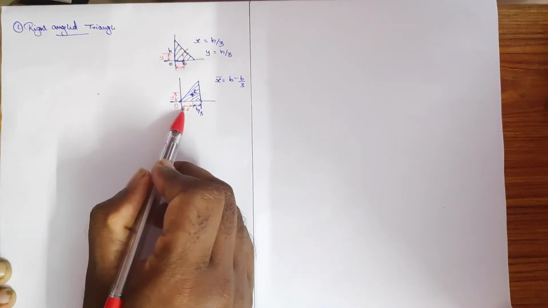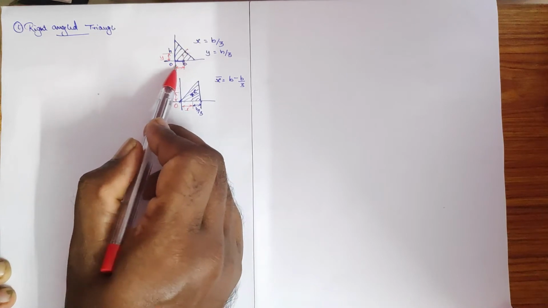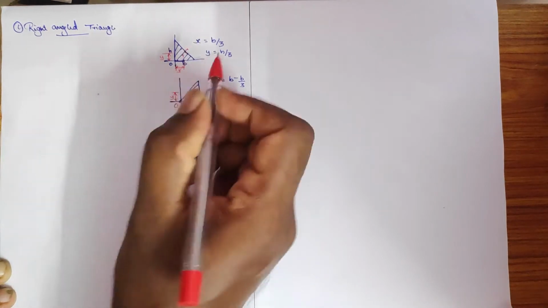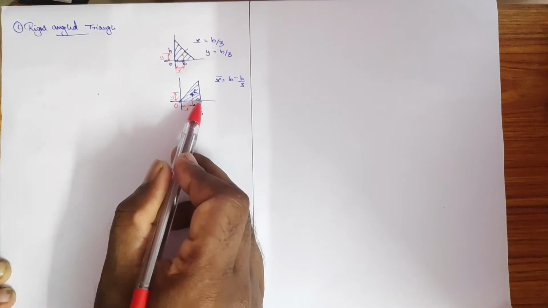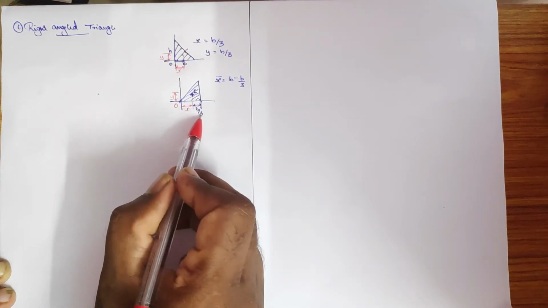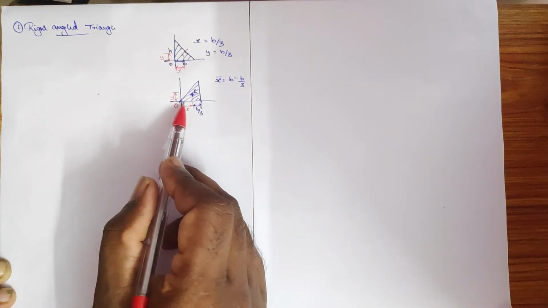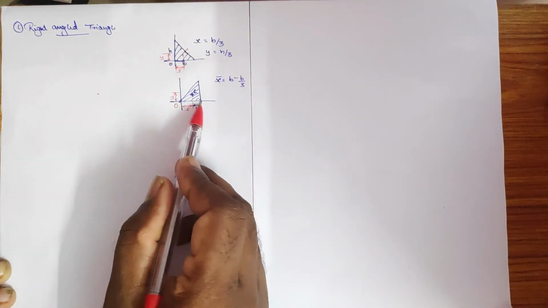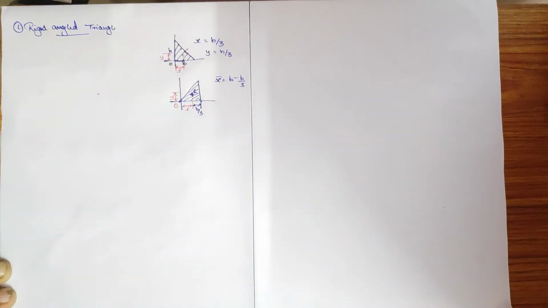is this much distance. In the basic position we know, from this end the x is b by 3. So as far as this position is concerned, this is the exact measurement b by 3. So the total length is considered as b, so b minus b by 3.